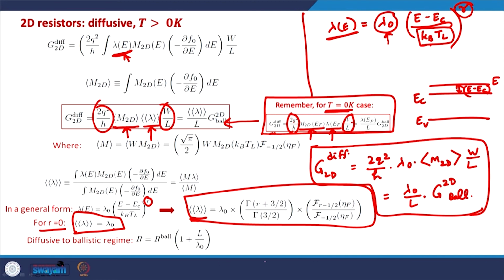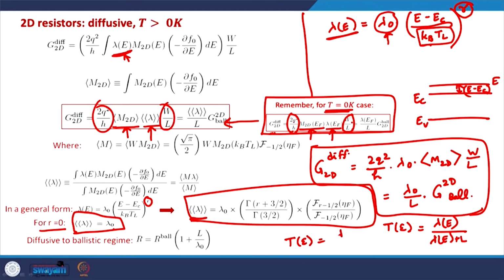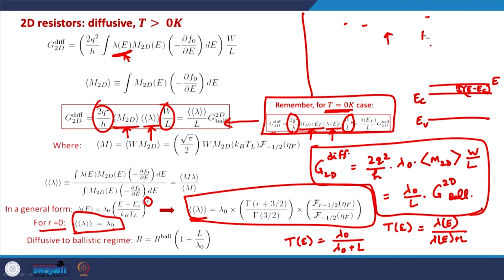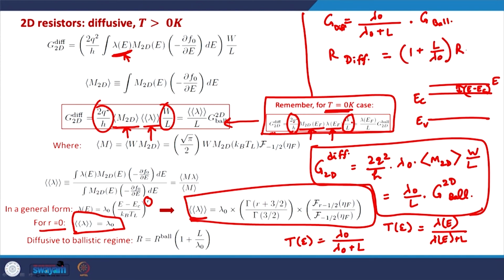If we take the general expression for the transmission coefficient, Te equal to lambda E divided by lambda E plus L, then for the R equal to 0 case, just for acoustic phonon scattering, Te becomes lambda naught divided by lambda naught plus L. The conductance will essentially be lambda naught divided by lambda naught plus L times the ballistic conductance G, and the resistance in the diffusive case will be the inverse of that, which is essentially L plus lambda naught divided by lambda naught, times the ballistic resistance.